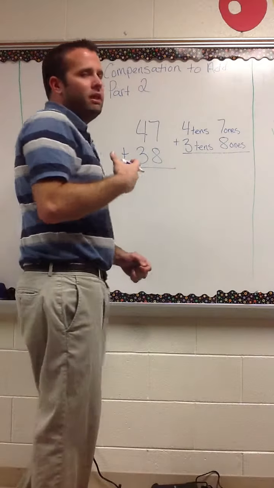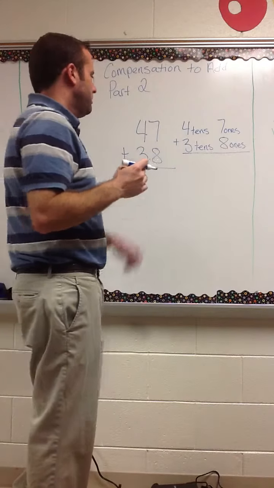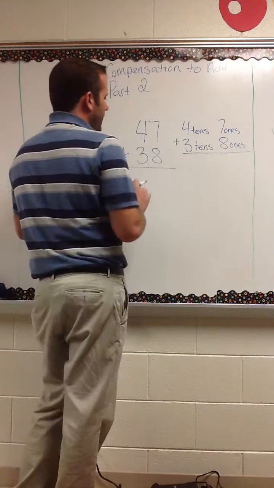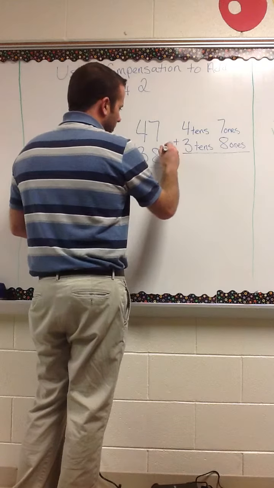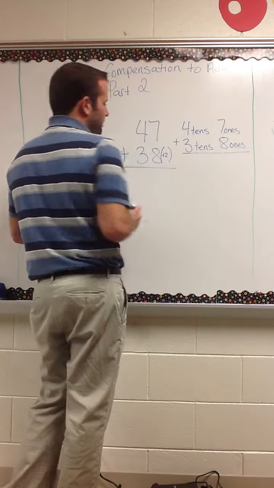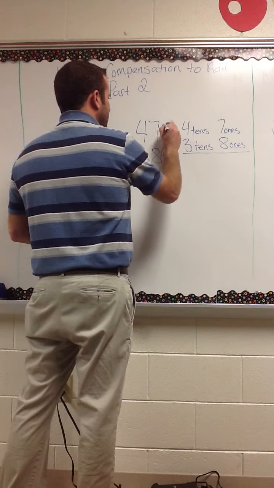But like I said, I like to start with the largest digit, even if it's on the bottom, because it's addition, and we can do that, and it's okay. So I'm going to start with my 8, and I'm going to think, okay, 8 plus 2 gives me the 10, which means I need to take 2 away here.